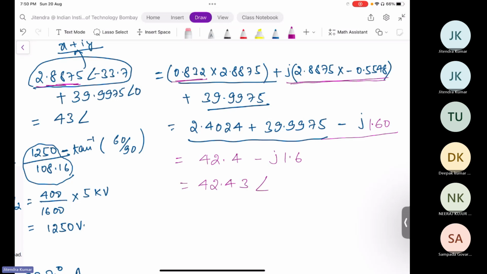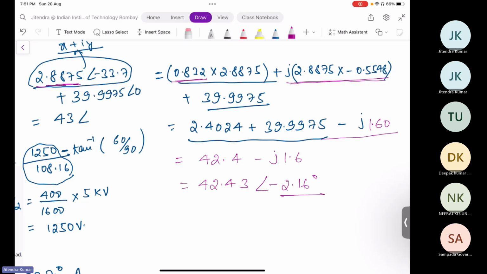That angle will be negative because the imaginary term is negative, so it is tan inverse of minus 1.6 divided by 42.4. So 1.6 divided by 42.4, and this angle will come out to be 2.16 degrees.